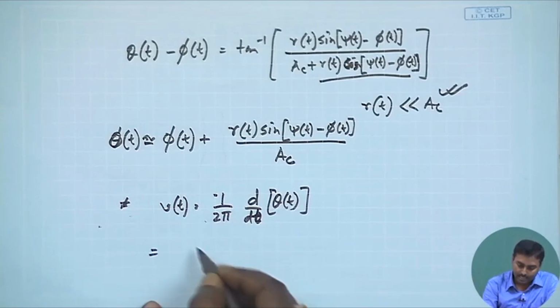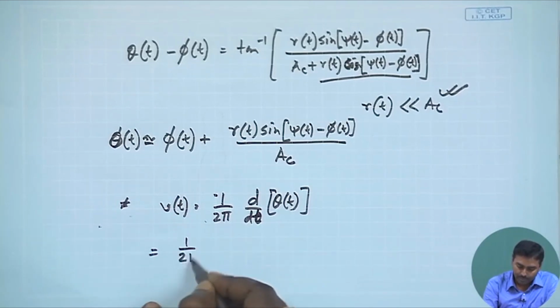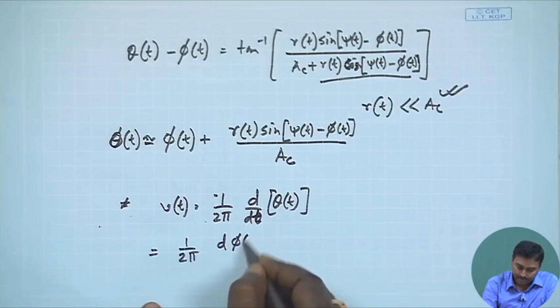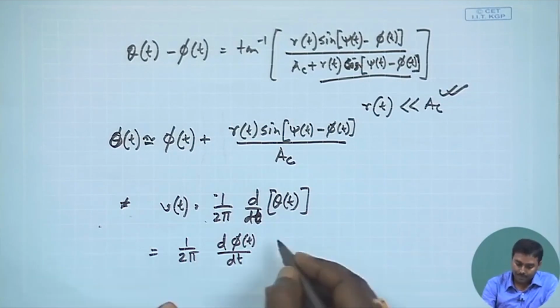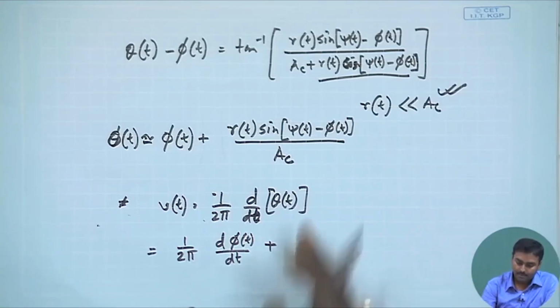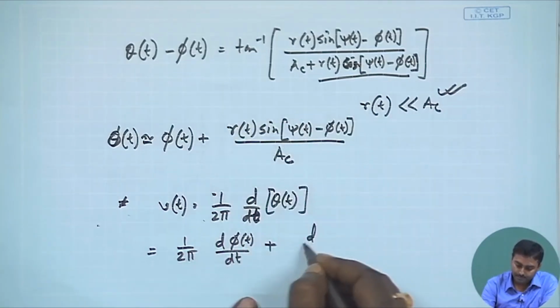So, let us try to see that. It should be 1 by 2 pi d phi t dt, plus there should be d dt of this one.